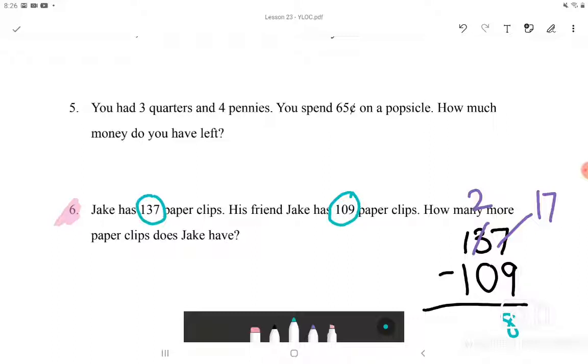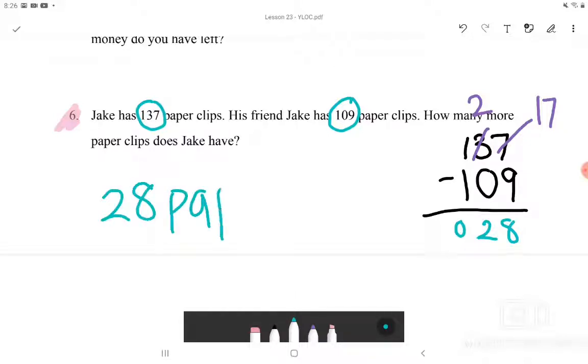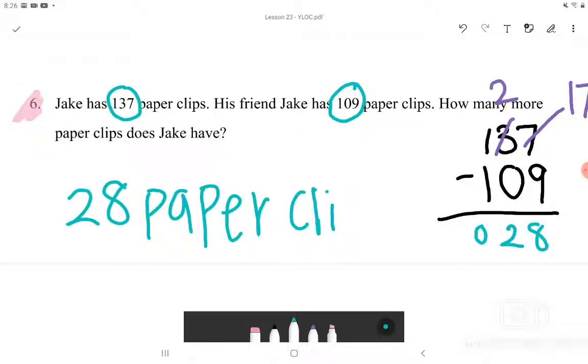So we're going to put 2 over here. And 1 minus 1 is equal to 0. So we know that Jake has 28 paper clips. I think there is an error because it says 2 Jakes, but this is how it's going to be. 28 paper clips.